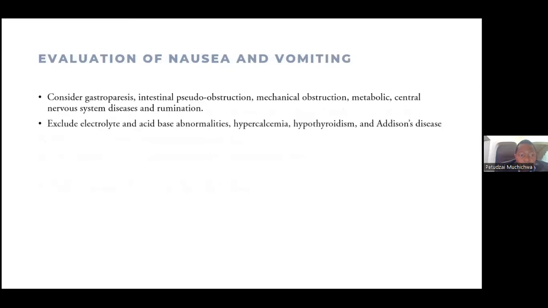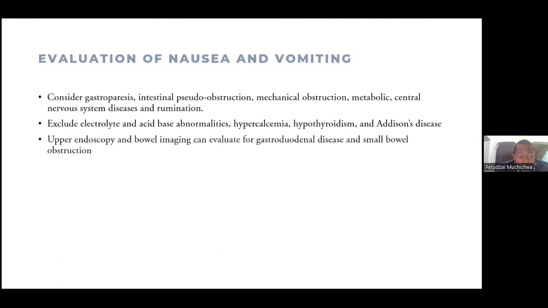So patients with nausea and vomiting, we need to evaluate them quite closely. We need to consider other pathologies: gastroparesis, pseudo-obstruction, mechanical obstruction, metabolic issues, central nervous system causes, and also consider rumination. Exclude acid-base abnormality at presentation because patients may have been vomiting for a while.